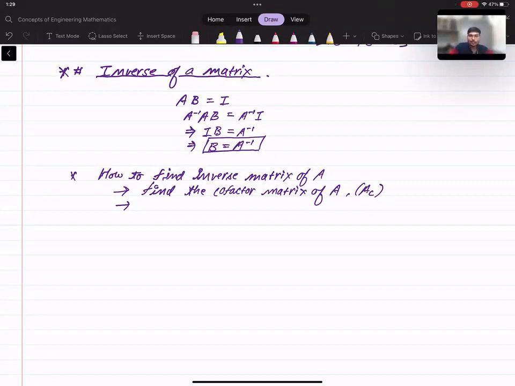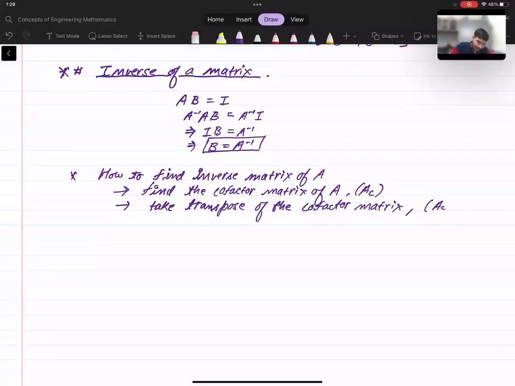cofactor matrix AC. So take the transpose of the cofactor matrix. So this will be, that is, we are now finding AC transpose.